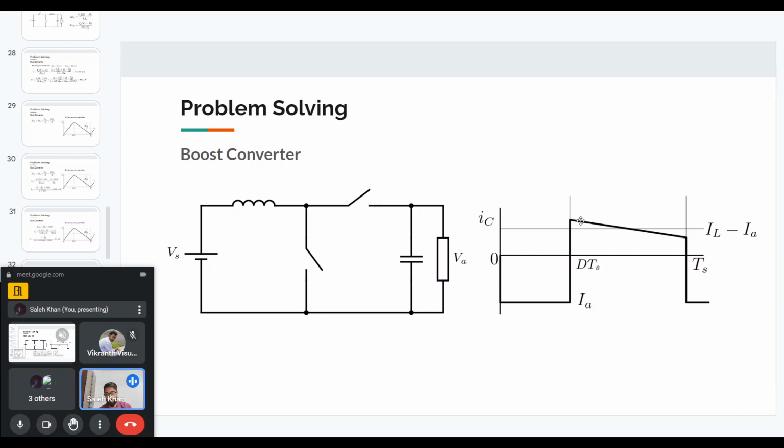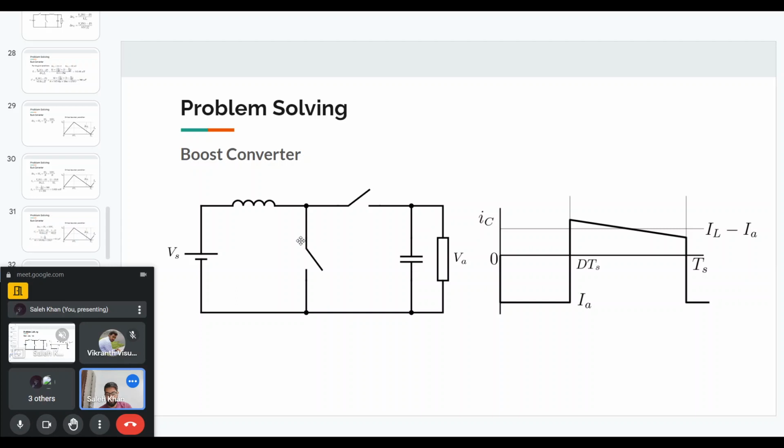The inductor current has this ripple, but we are assuming that the ripple is small, or if it is a linear ripple, then again our assumption will be valid. So the current through the capacitor will be IL minus IA.